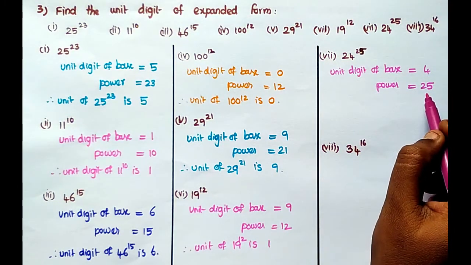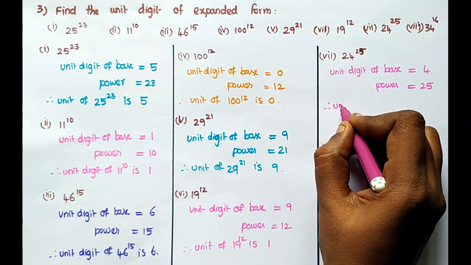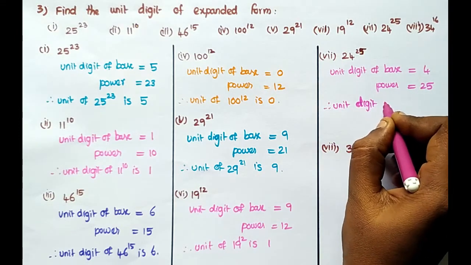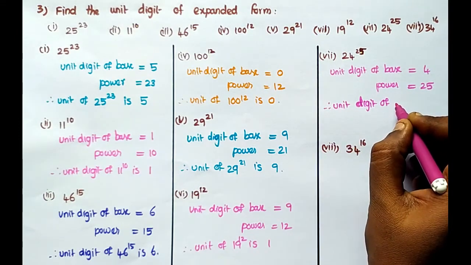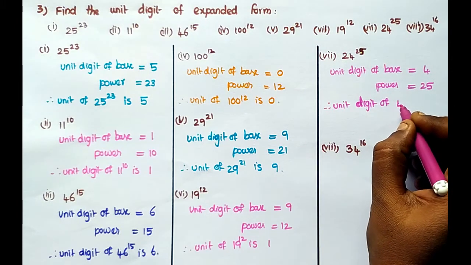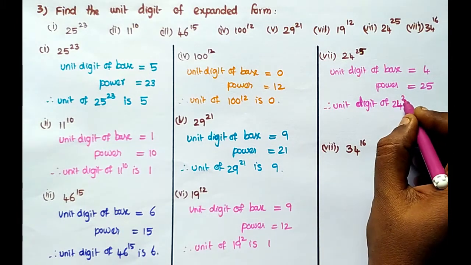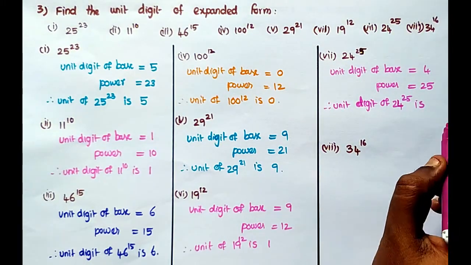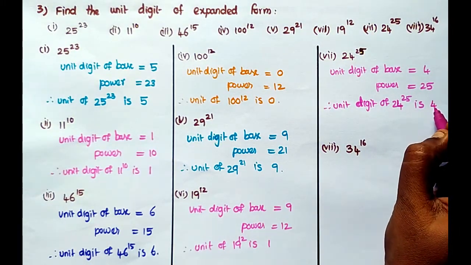Power is an odd number. That means unit digit is what? Unit digit of 24 power 25, odd number, means we get the unit digit of the result is 4.